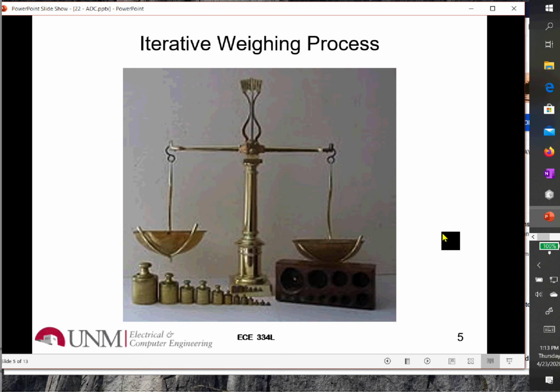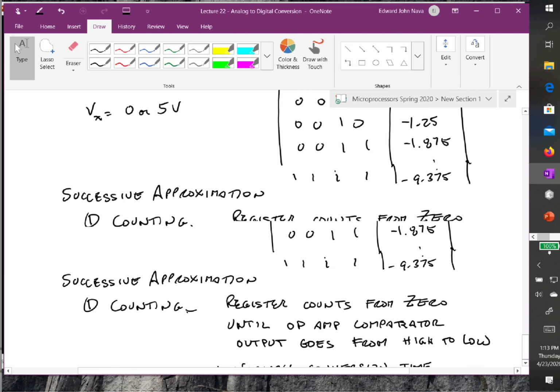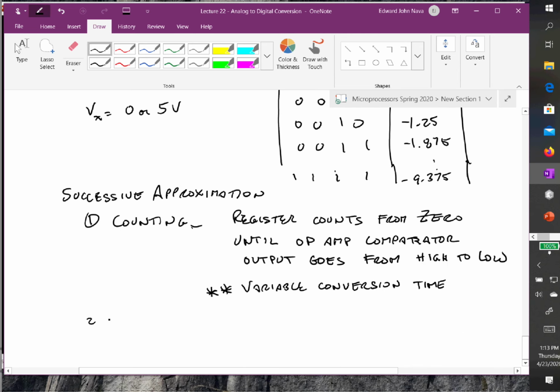So you say, well, that sounds a little more tedious, but the good news is when I do my successive approximation, the second approach would be bitwise. So we start with the most significant bit and work towards the LSB.